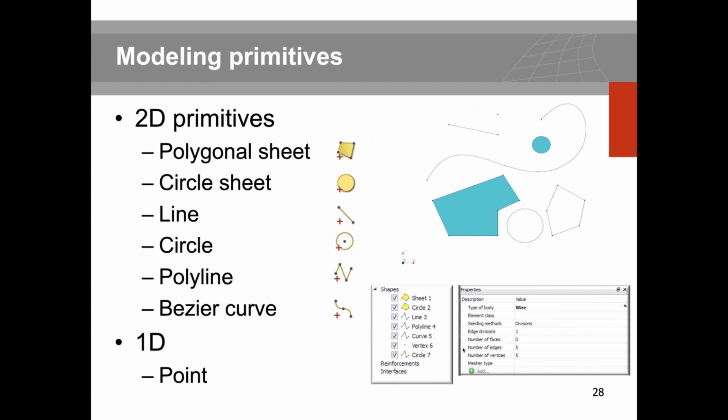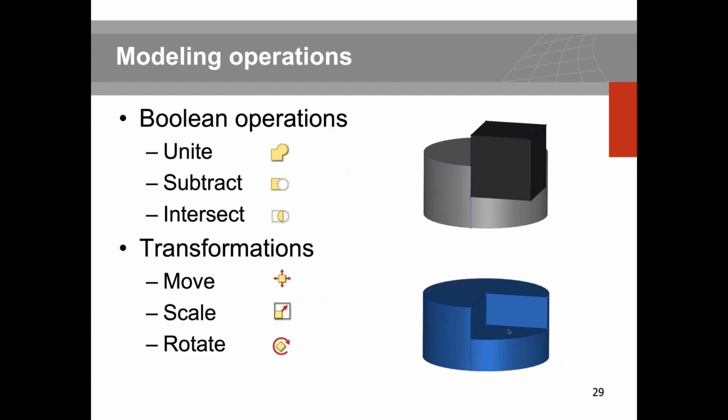And also for other 2D and 1D geometrical entities, we have some primitives as well. And again, once you create these primitives, they appear under your shape in your model tree, and you can access their sub-entities in the property window. You can perform different modeling operations, such as unite, subtract, or intersect, or transformation, such as move, scale, or rotate.